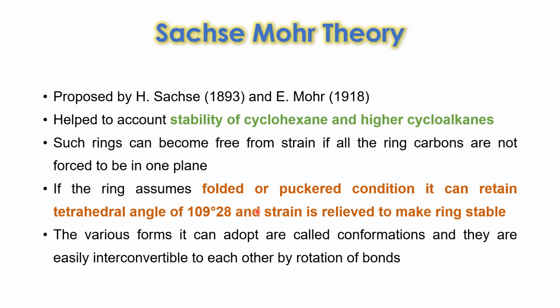Rings assume folded or puckered situations which can maintain the normal tetrahedral angle of 109, and thus strain is relieved and these rings are in fact stable, they exist. But there are various forms in which they exist. These are called conformations and all are single bonds. So these conformations are easily interconvertible to each other just by rotation of the bonds.